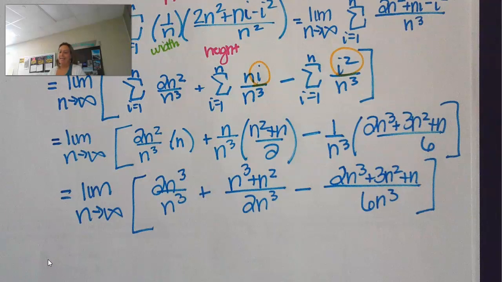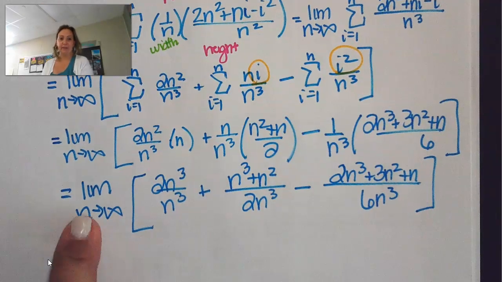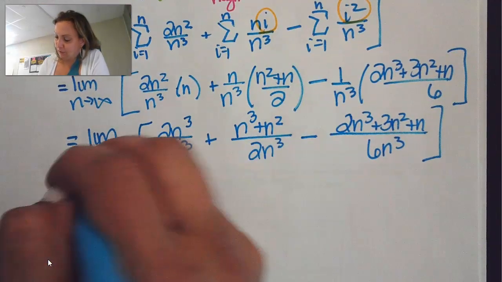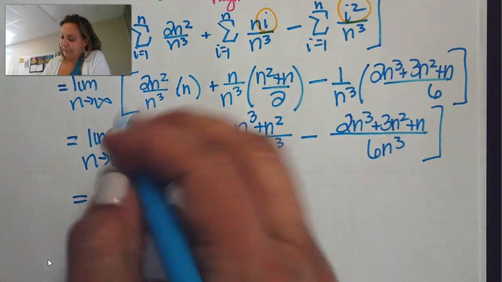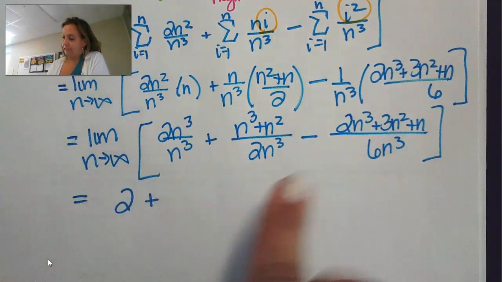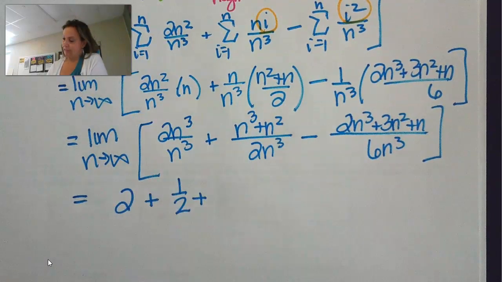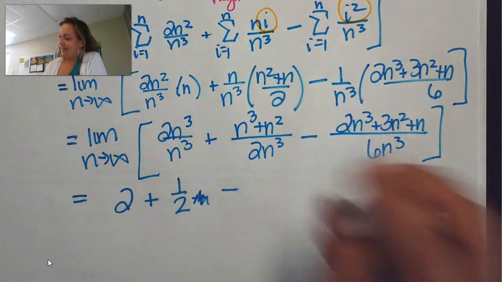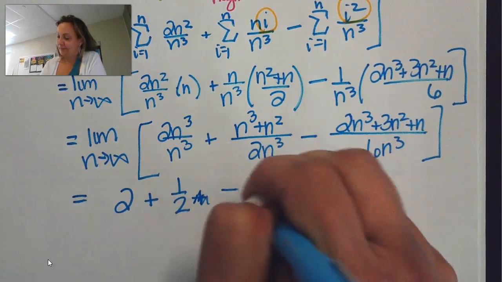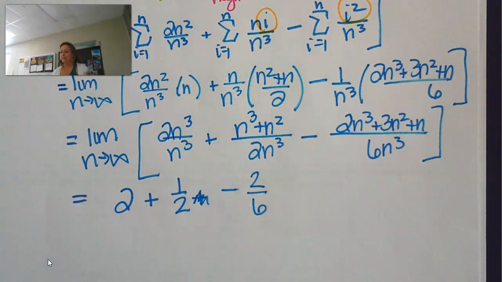Okay, and then we can just take the limit of each of these pieces. So this is going to be 2 plus 1/2, just kidding, minus 2/6, okay? And we can put that in the calculator.